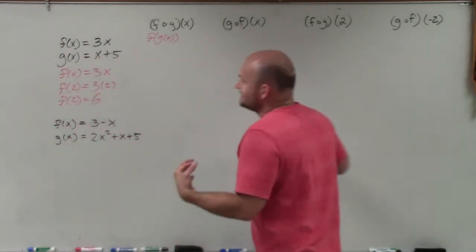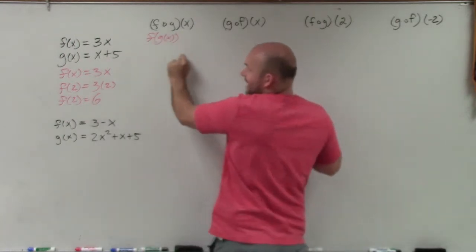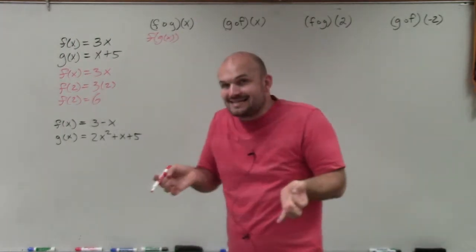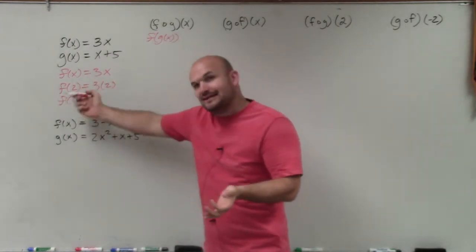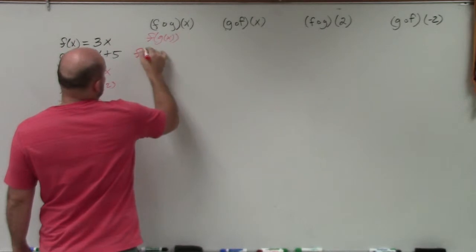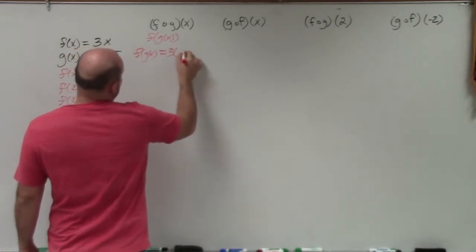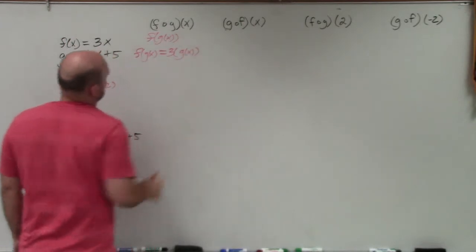So in this case, instead of saying f of 2, now I'm saying f of g of x. Wherever there's an x, instead of plugging in the 2, I'm now going to plug in g of x. So f of g of x is equal to 3 times g of x.